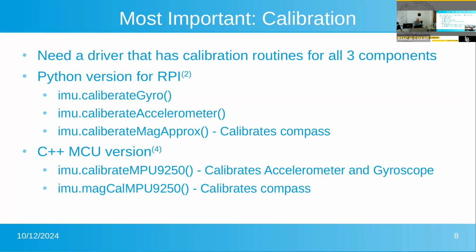So when you buy this, it does have some factory-saved calibration information in its ROM. However, the compass doesn't have such a thing. It's not saved in there. And even for the accelerometer and the gyroscope, the saved factory calibration is not always accurate enough.